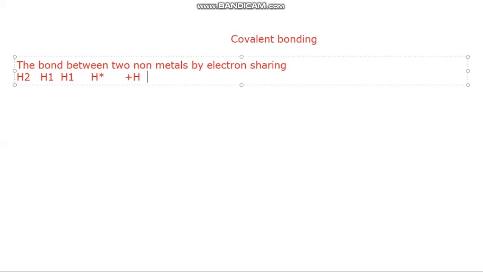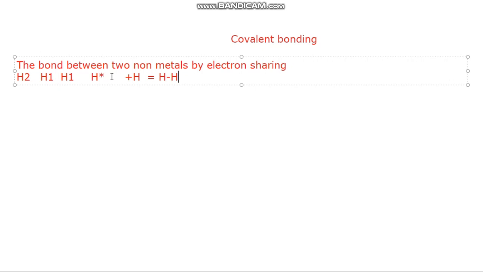This gives the hydrogen molecule with a covalent bond between the 2 atoms. These 2 electrons used in covalent bonding are called bonding electrons.